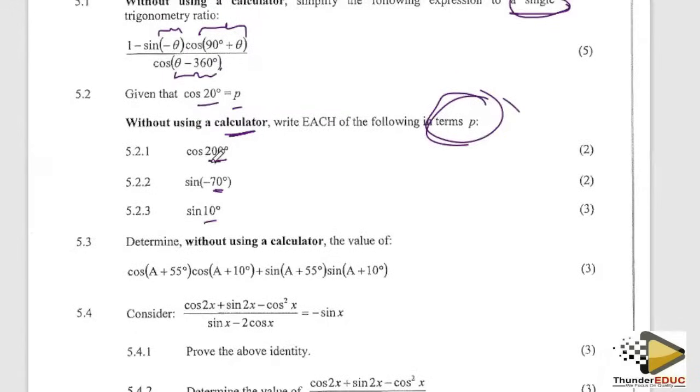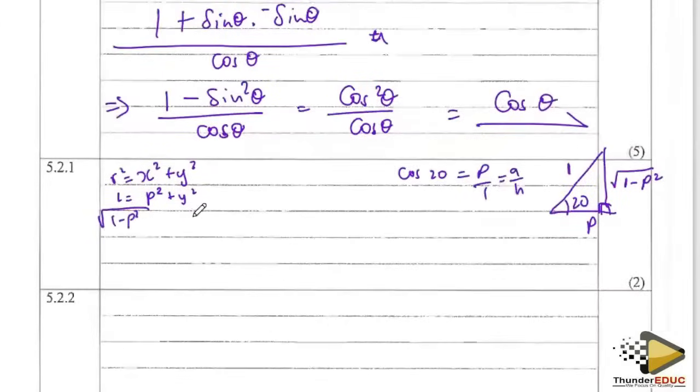But they want us to get cos of 200. Which numbers do we play with so that there's a 20 involved? We can reduce, because we can't get 100 from a triangle, remember, just introduce it to an acute angle. So I can say cos of 180 plus 20.